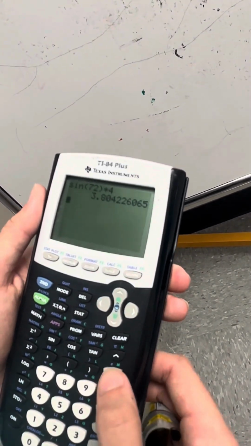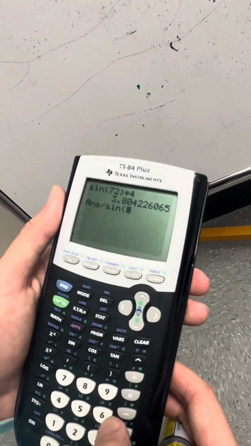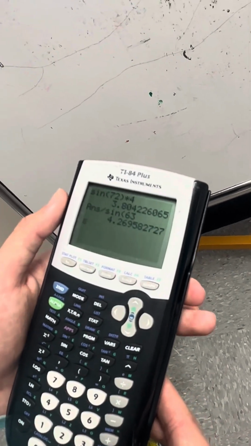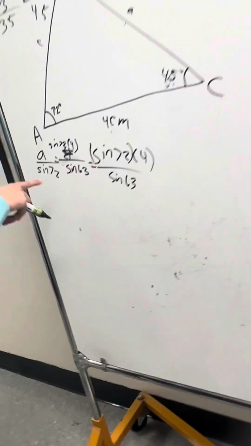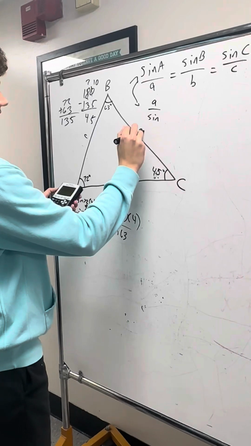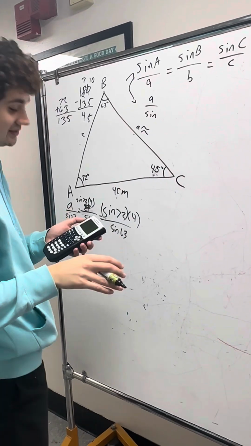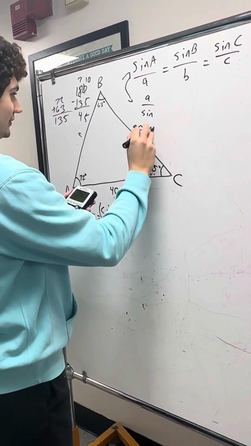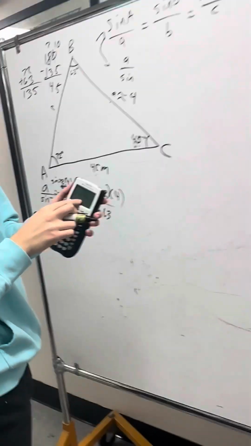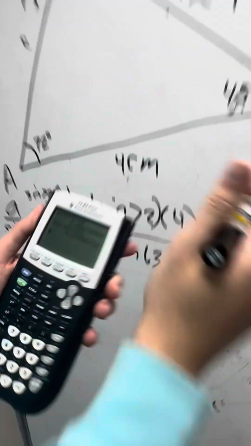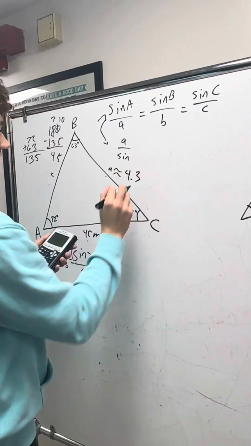Then you divide that by the sine of 63, and boom. That was for A. It's a rounded number, so it's not exact. To the nearest tenth, 4.26, so we round that up to 4.3.